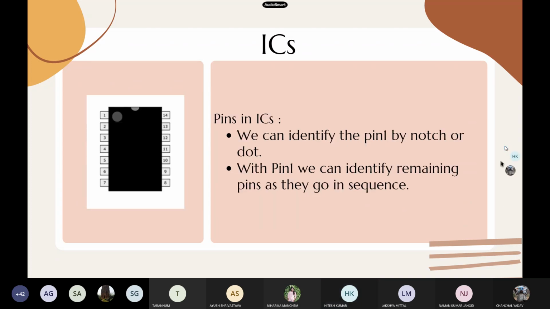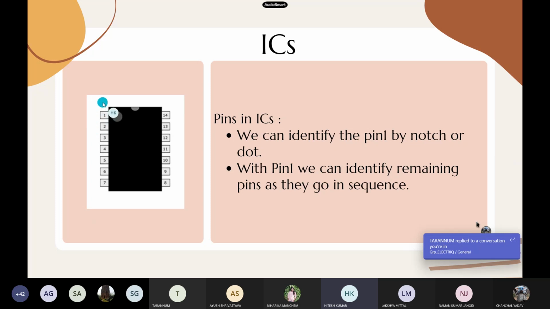Okay. So by the help of this notch and dot, we can identify the numbering of the pins. We can identify pin number 1, and then according to pin number 1 we can find all the remaining pins in sequence.